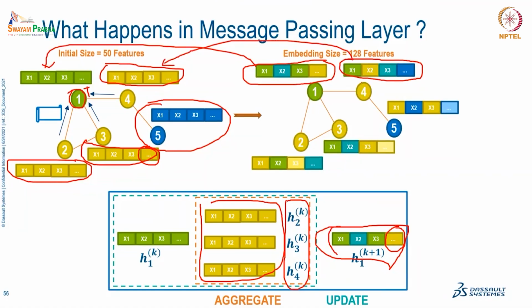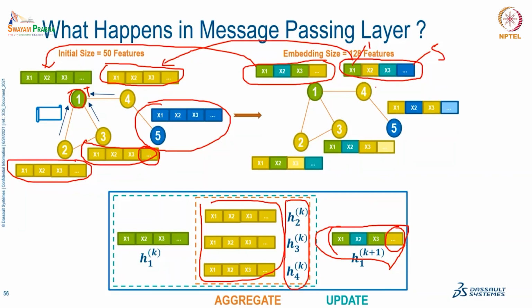The feature vectors get updated, and they get some information about their immediate neighbors in the first pass itself. For example, the fourth node has neighbor 1, the green color, and 5, the blue color. So if you see in the embedding layer, you have got blue for the 5, and green for the 1. So you have got some partial information from your neighbors already in the first pass itself.